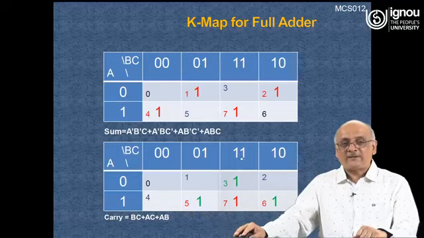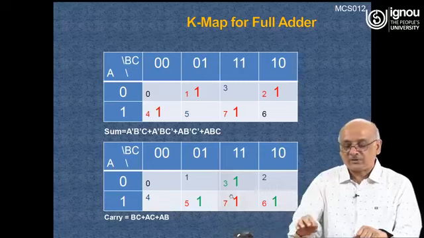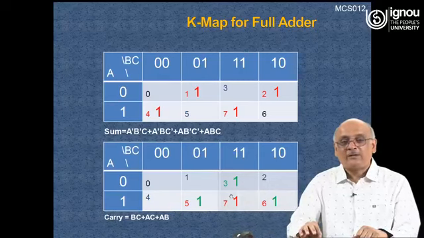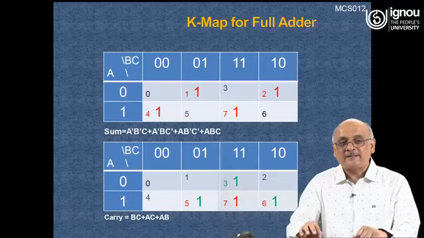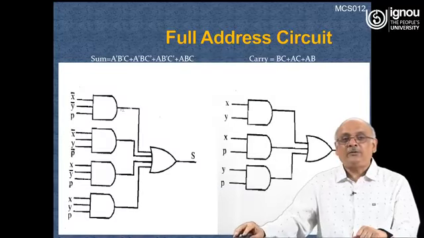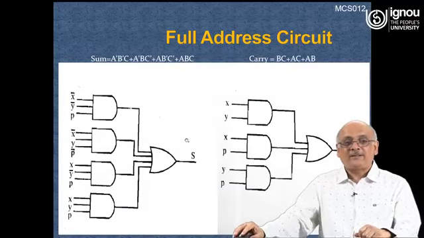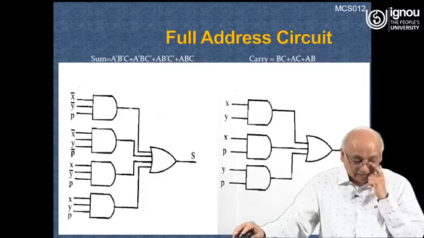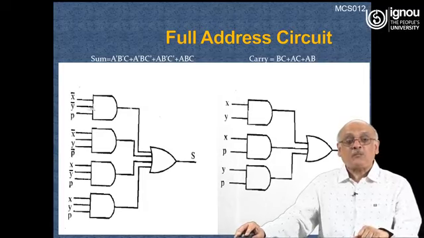For example, this is going to be BC, where C happens to be the carry in, and another term with A and C. You will find all these terms available, so you can easily add them, find the design, and then draw them. That is how your final output is going to be.